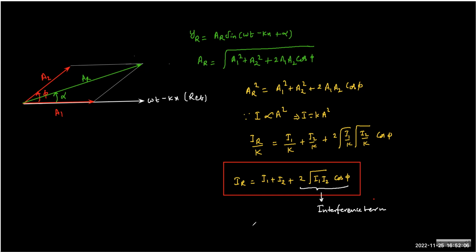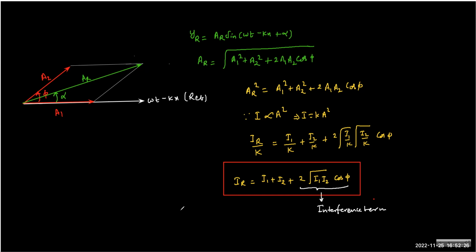Which means for coherent sources, if two sources arrive at a point, then the resultant intensity that we expect is I1 plus I2. What we can get is either more than that or less than that, depending on the third term.